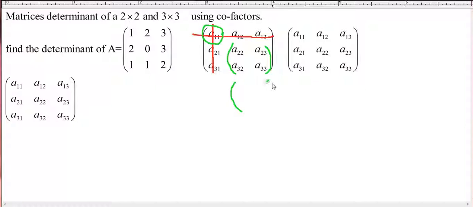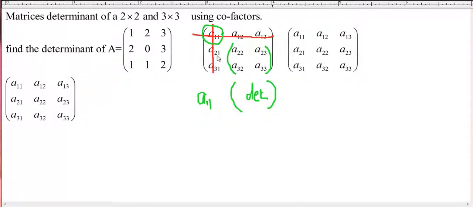We have to find the determinant of these 2 by 2 matrices, and multiply each by the entry where our lines intersect. So this will be A11 multiplied by the determinant of this 2 by 2 matrix, or matrix of cofactors.